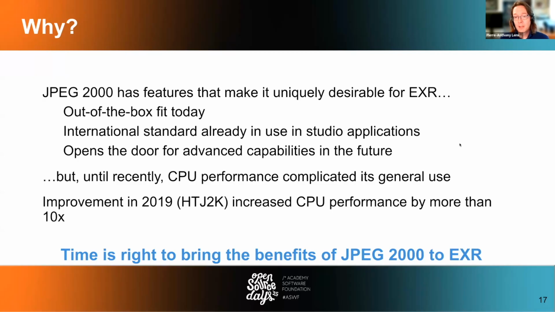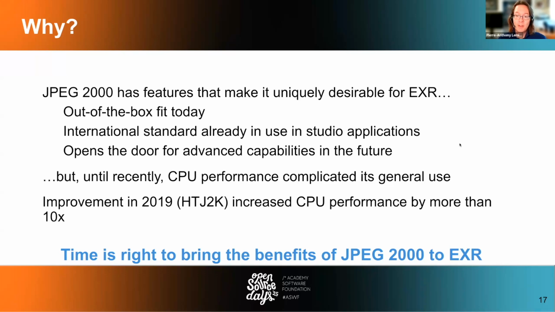Up to recently, unfortunately, the CPU performance of JPEG 2000 was pretty terrible, and that's been feedback received by the industry across multiple domains for decades. That's something that Michael Smith, Aous, myself, and others like David Taubman have been working hard at addressing, and which culminated in the publication in 2019 of a new part of JPEG 2000, which replaces the slow arithmetic coder with a new block coder called the high throughput block coder, the HT block coder.